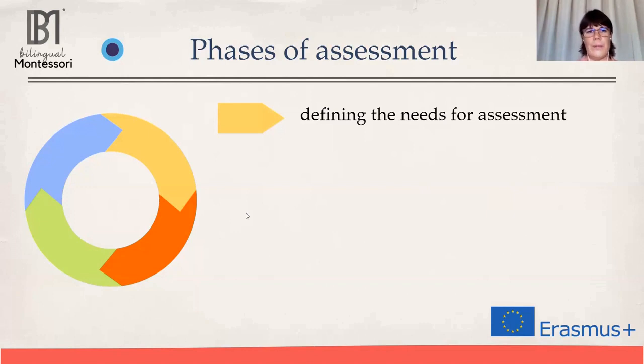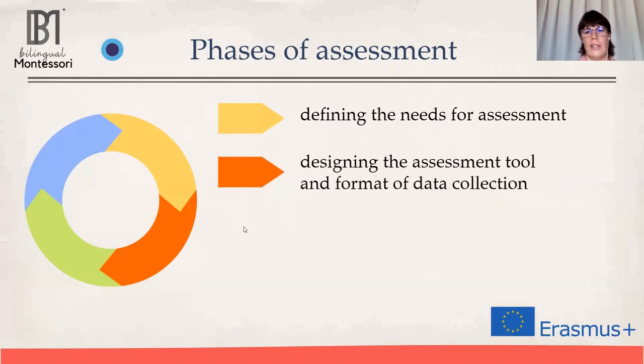We need to know why we're doing it and so on. Second, knowing what the needs are, we need to design the assessment tool, and we need to think about the format of data collection. In other words, how are we going to collect it? Where we are going to record it.